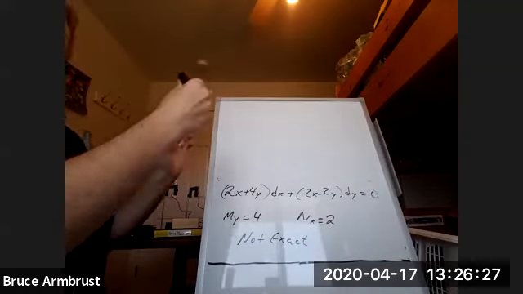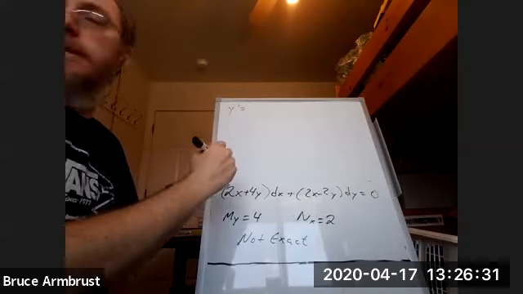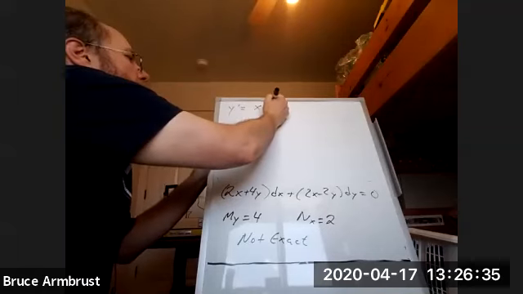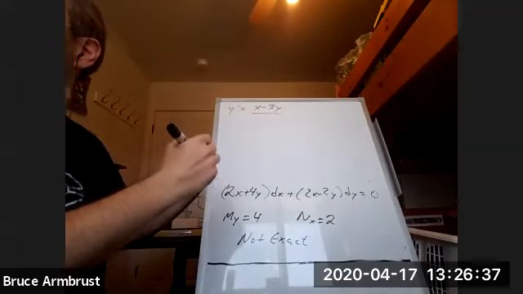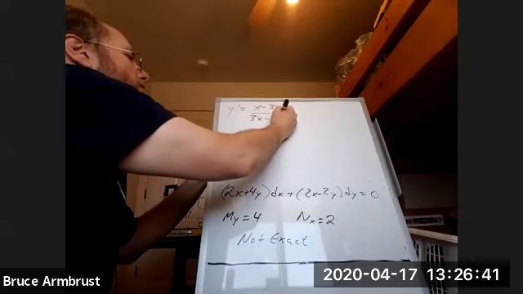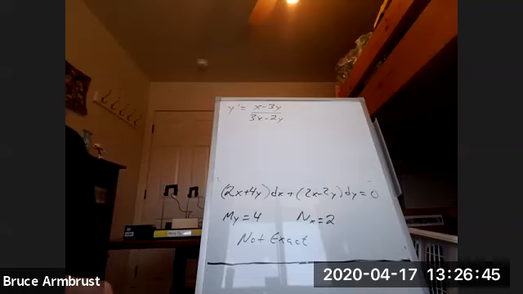So here's an example. Let's say we've got y prime is equal to x minus 3y over 3x minus 2y. So there's a differential equation.